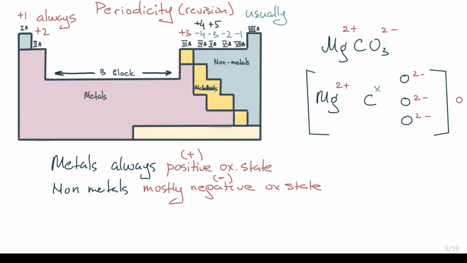If you have 2 plus and 3 2 minuses, you can just write a simple math equation: 2 plus X plus 3 multiplied by minus 2 equals 0. So X will be equal to plus 4. So the oxidation state of carbon in magnesium carbonate is plus 4.